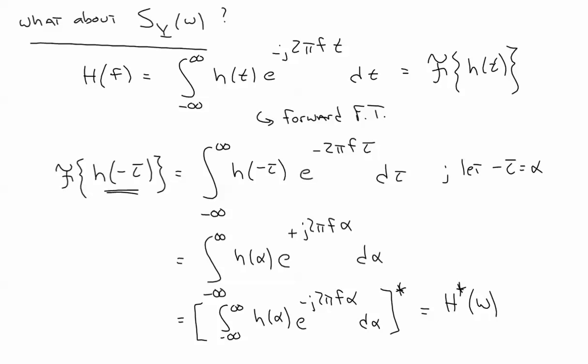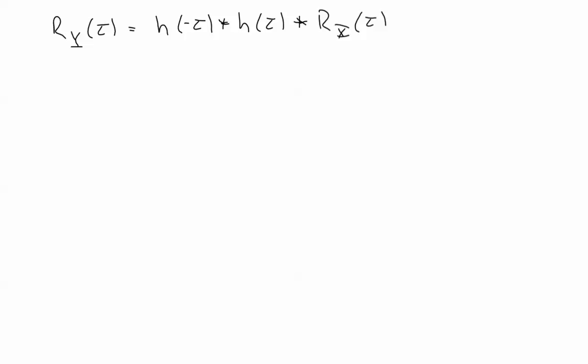Okay. So then, let's recall that the autocorrelation at the output was h of minus tau convolved with h of tau convolved with the autocorrelation of x of tau.